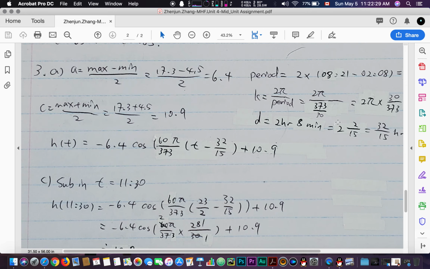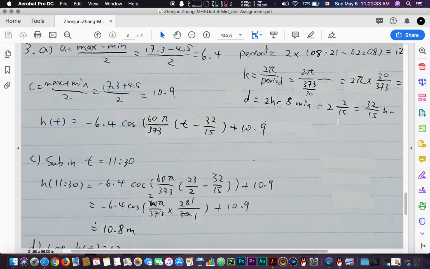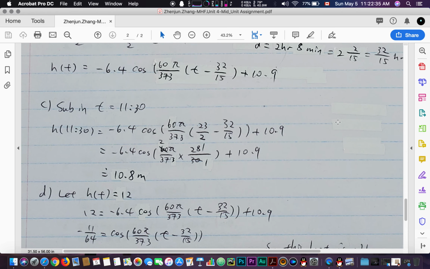That is done. And then we substitute t equals 11.3, and then we need to get our answer to the nearest 0.1.